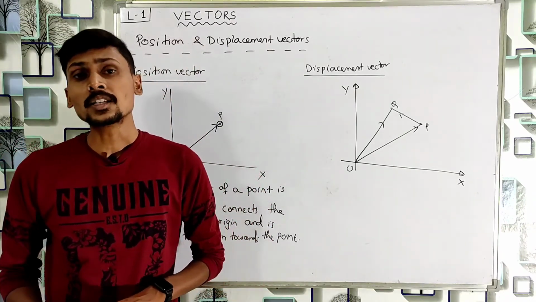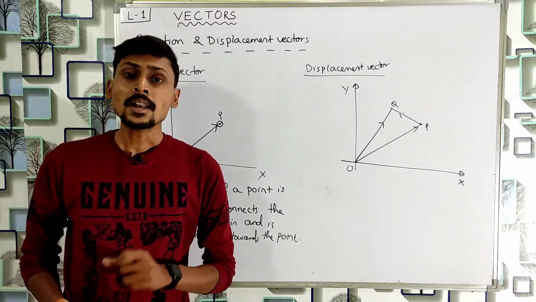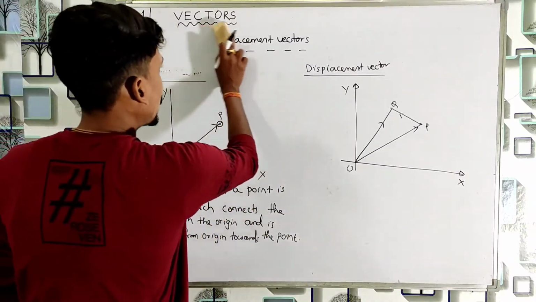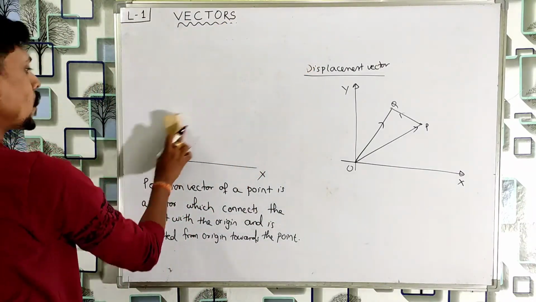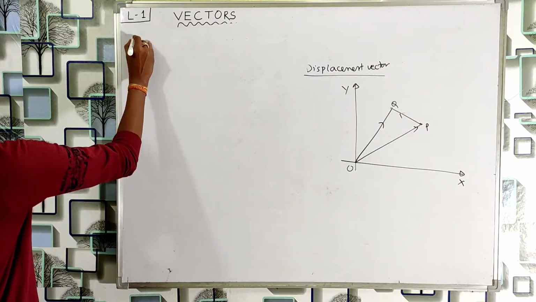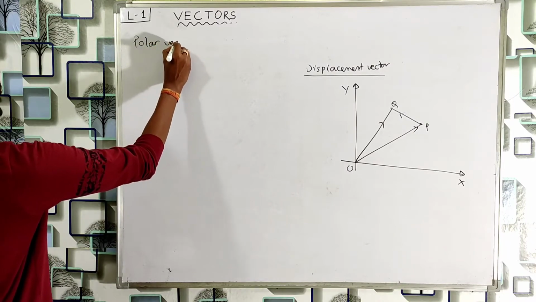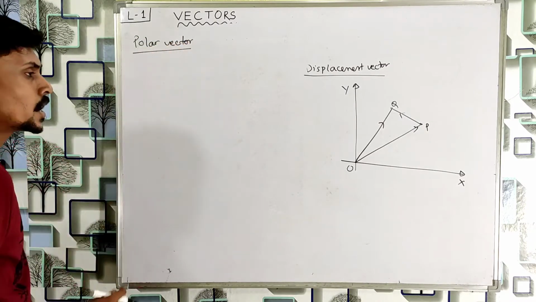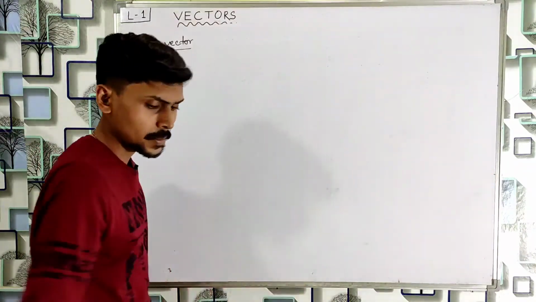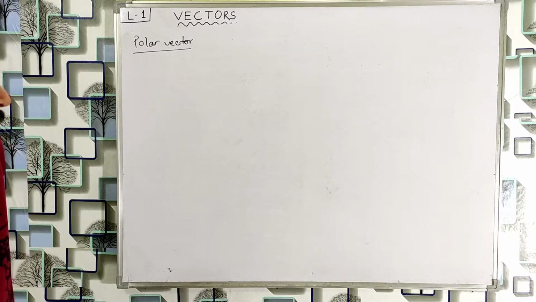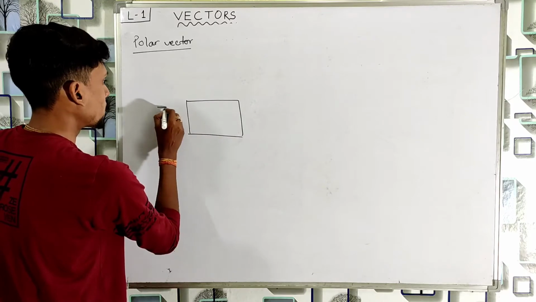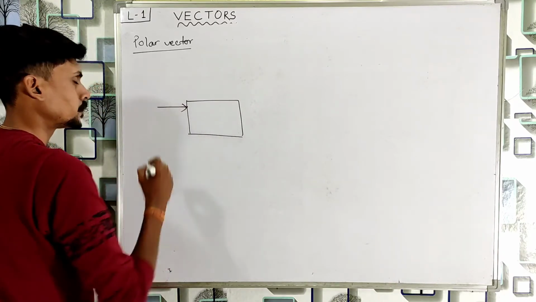Now we will talk about what is the meaning of polar vector and axial vector. So students, polar vector means a vector having some point of action. For example, force. Suppose I have a body here and I apply a force at this point.